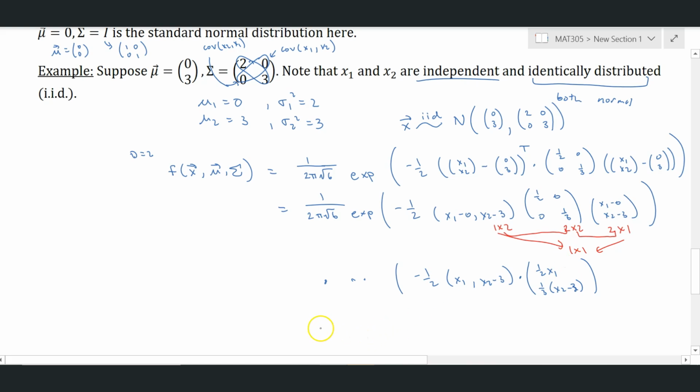And then when you multiply these two vectors together, you'll get negative 1/2 of, this will be 1/2 x1 times x1, which will be 1/2 x1 squared. And then the second multiplication here will give us plus 1/3 x2 minus 3 squared.